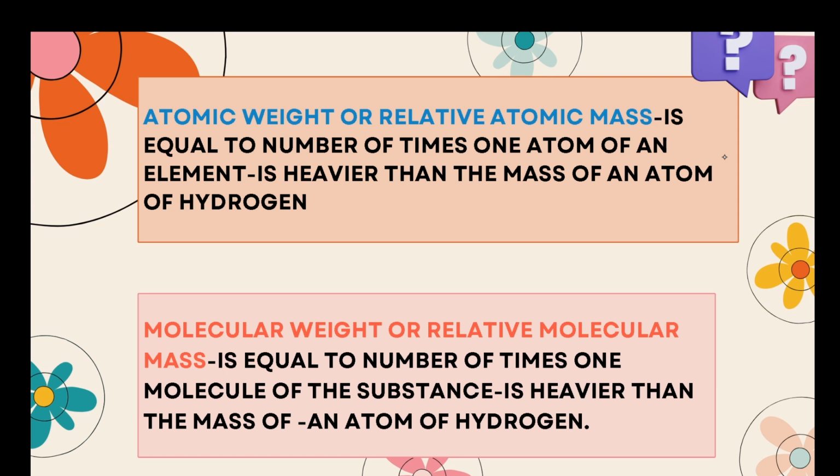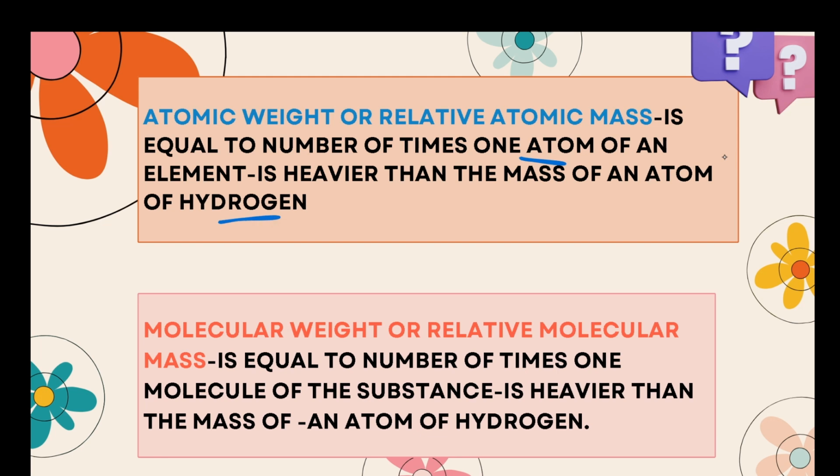But now later on carbon has been taken as the standard element. So accordingly the definition states that the relative atomic mass is equal to the number of times one atom of an element is heavier than the mass of an atom of hydrogen. Okay, so it tells us how heavy one atom of an element is when we are comparing it with the mass of an atom of hydrogen.